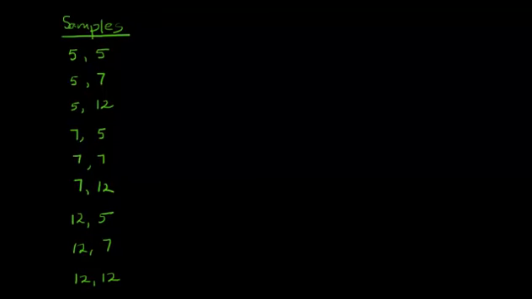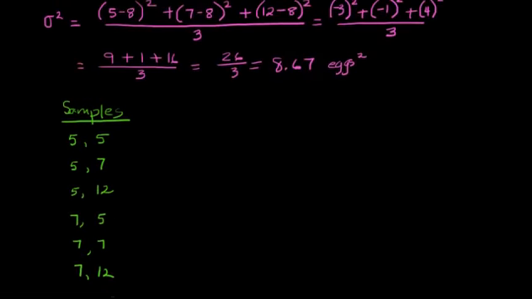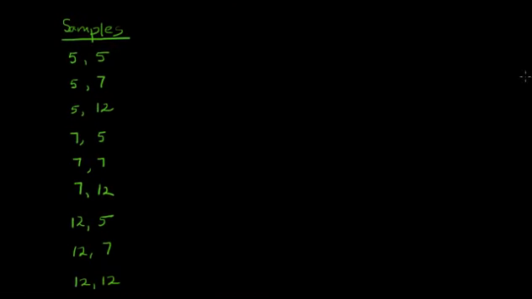Now I'm going to need the mean for each sample because I've got to use that in this calculation here. So I need my sample means. Now we got those last time, so I'm not going to write all that calculation out. So our means were 5, and then remember this 5 plus 7 divided by 2, that's 12 divided by 2, and that's where we got 6, and so forth.